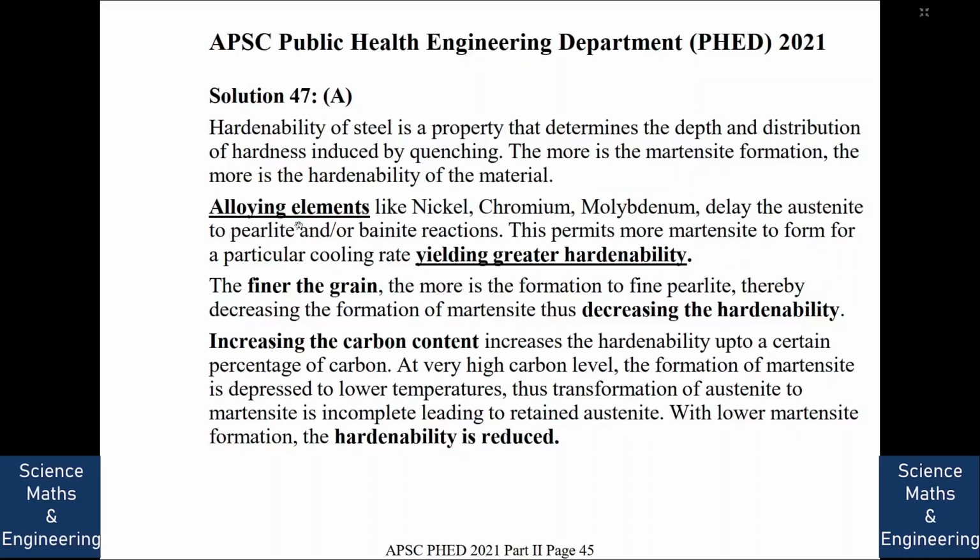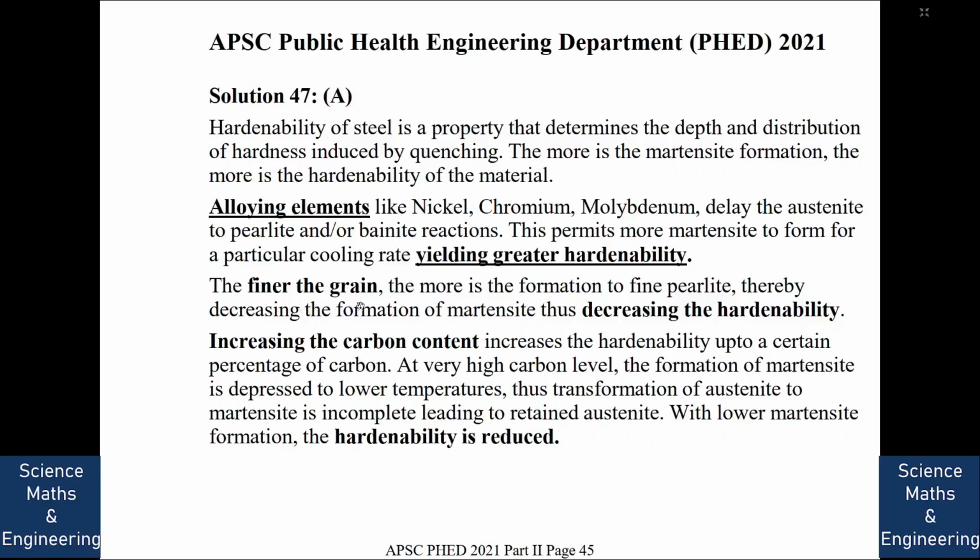Now whenever we use alloying elements like nickel, chromium, molybdenum, it delays the austenite to pearlite or bainite reaction. This permits more martensite to form at a particular cooling rate, yielding greater hardenability. So neither bainite nor pearlite is formed; these are delayed. So more of the austenite is transformed to martensite. So more hardenability is achieved.